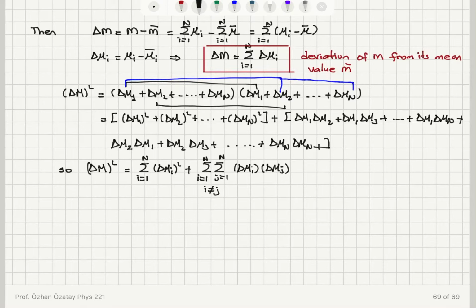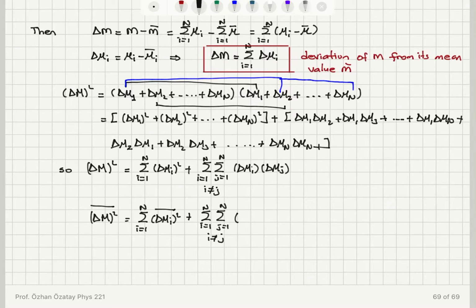Now what I need to do is take the average of this equation. So I take the average of delta m square. This is going to be the summation i equals 1 to n. Remember, averaging and summation operations commute. So this will be delta mu i square bar plus the sum over i equals 1 to n, j equals 1 to n, i not equal to j.